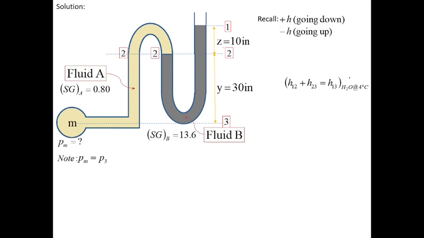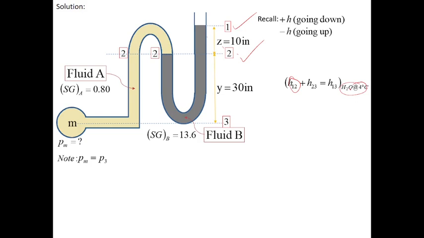We considered pressure heads of water at 4 degrees Celsius. So from level 1 to level 2, from point 1 to point 2, the height, the distance from 1 to 2, will be converted to pressure head of water.